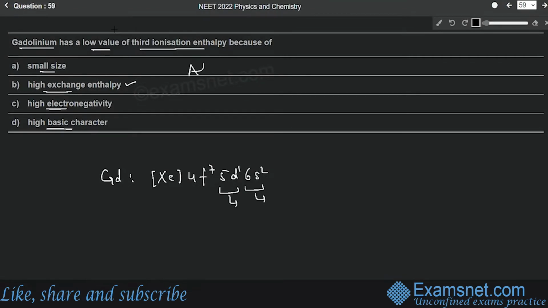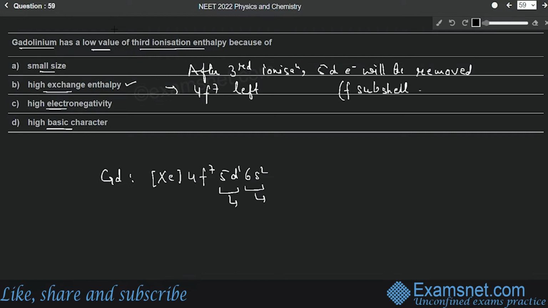So let's write it down. After third ionization, the 5d electron will be removed, right? So what will be left after that? 4f7 will be left. Now this is special because we know that the f subshell has how many electrons? 14 electrons, right? 7 orbitals or 14 electrons.